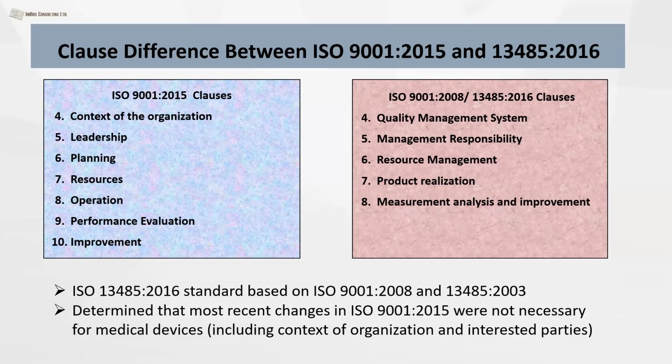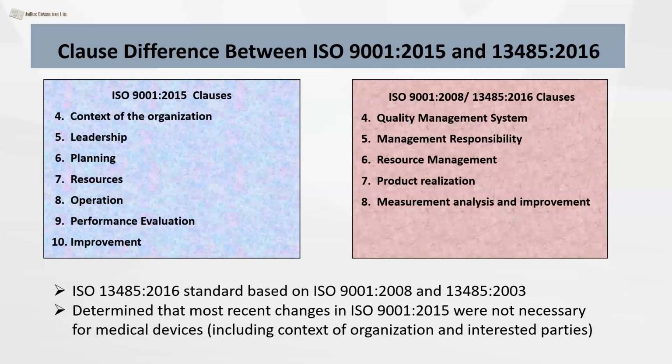And there are some differences, because, again, of the nature of the medical equipment. So as you can see, I have two charts here. One on the left side deals with the ISO 9001 clauses, and on the right is the 13485 clauses.